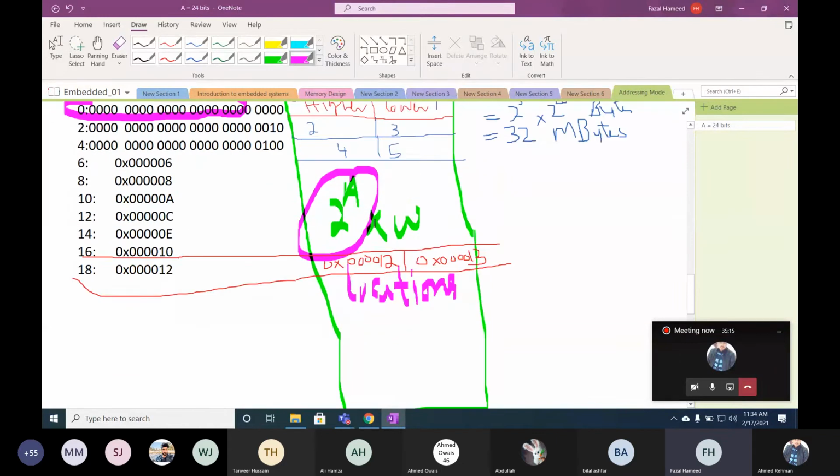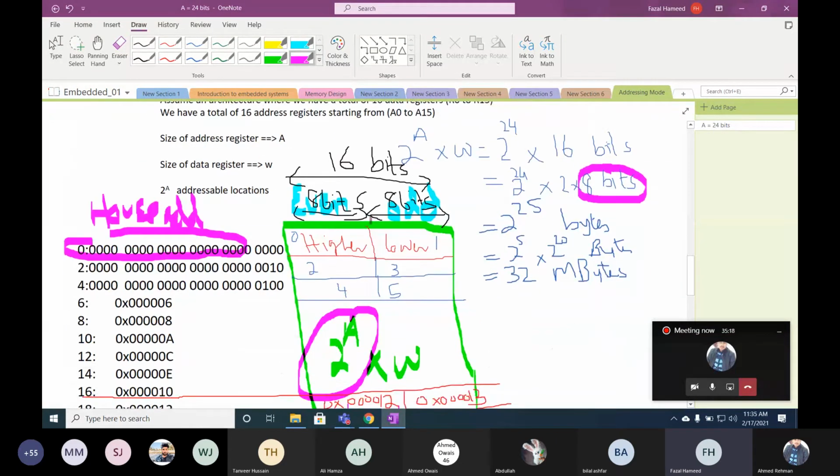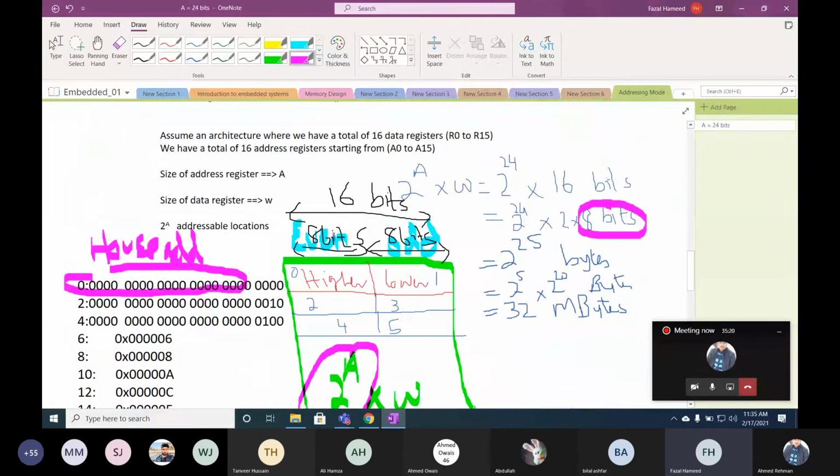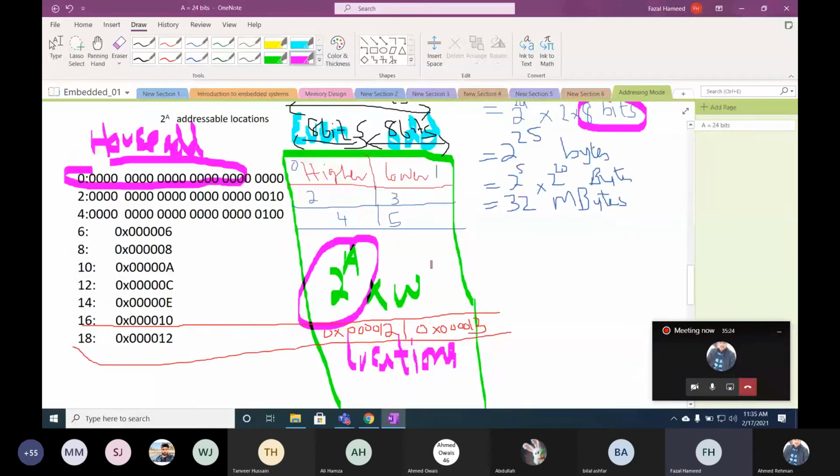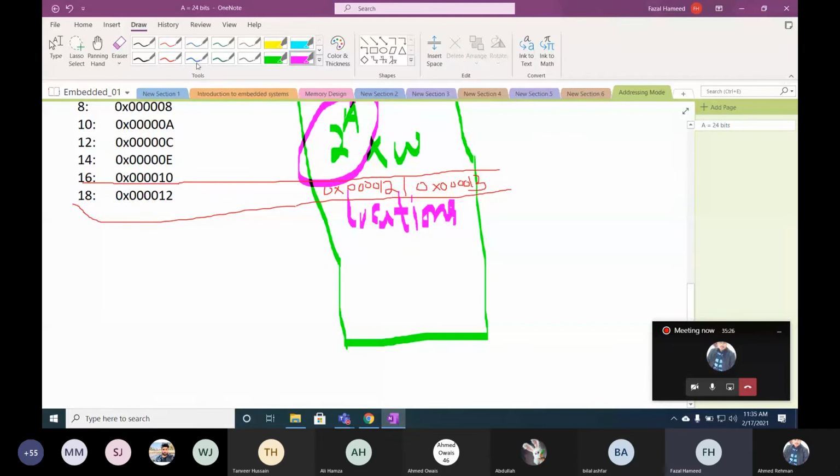Now, if you look at each address, what should be the size of each data? Let's assume this is any address.